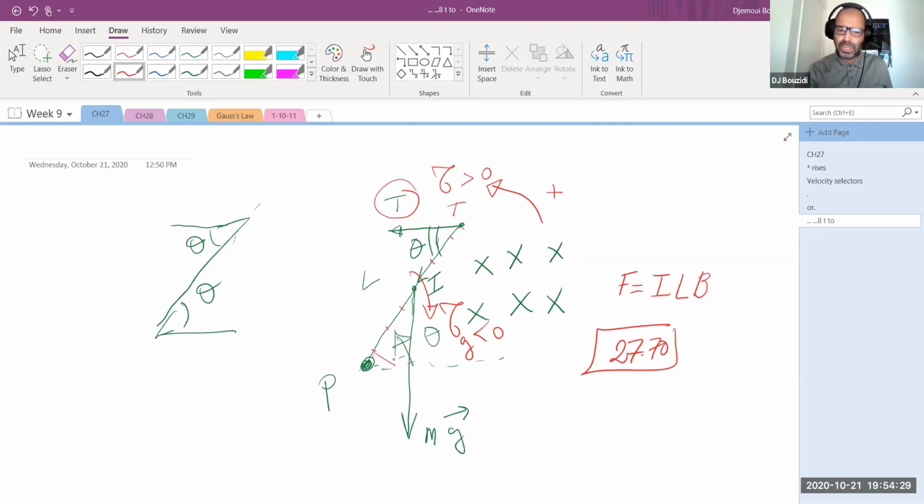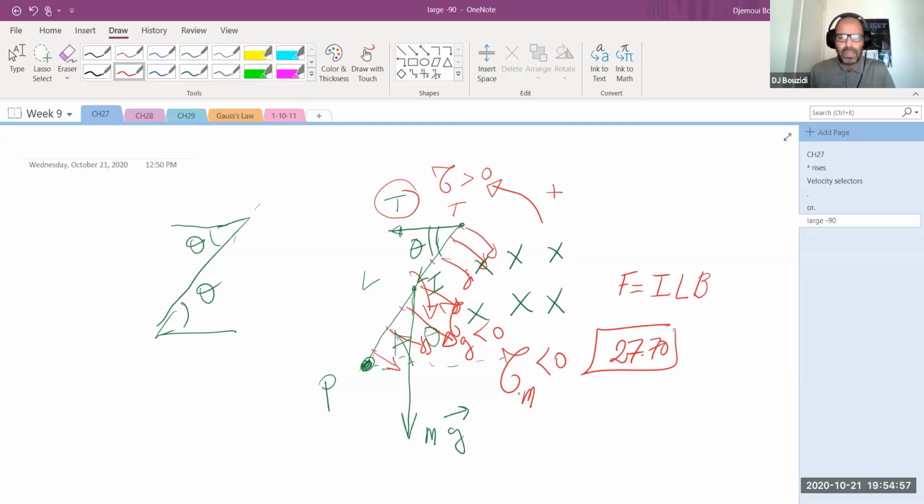So it must be perpendicular in every single point to this wire, okay? It may depend on the length or something, but that's basically where the force is, okay? It's clear from this geometry that the torque due to the force of the magnetic field also is negative. So I have two negative torques, clockwise basically, and one positive torque, which is due to the tension.